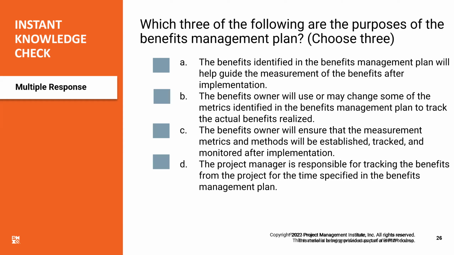C, the benefit owner will ensure that the measurement, metrics, and methods will be established, tracked, and monitored after implementation. D, the project manager is responsible for tracking the benefits from the project for the time specified in the benefit management plan. That is A, B, and C. Good, good. The project manager has absolutely nothing to do with that.